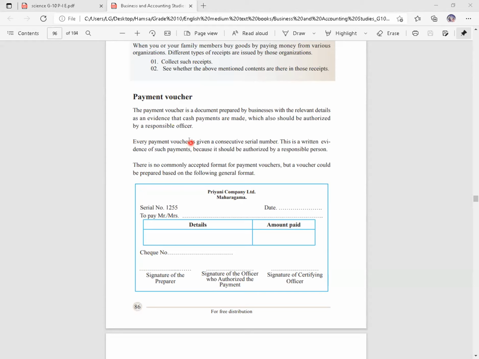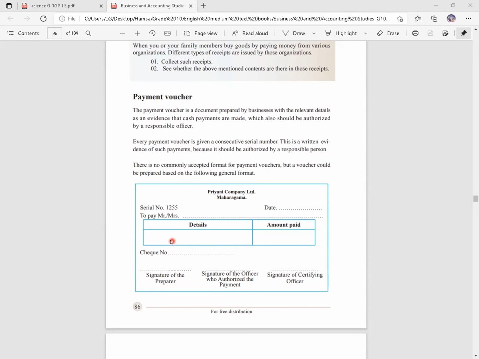So you will be asking someone to pay it, right? You're not going to go out. You're inside the business. Once you give that money to that person, immediately you must prepare the payment voucher.